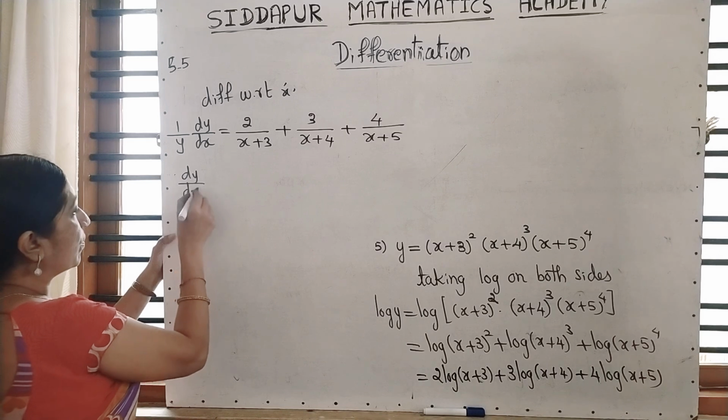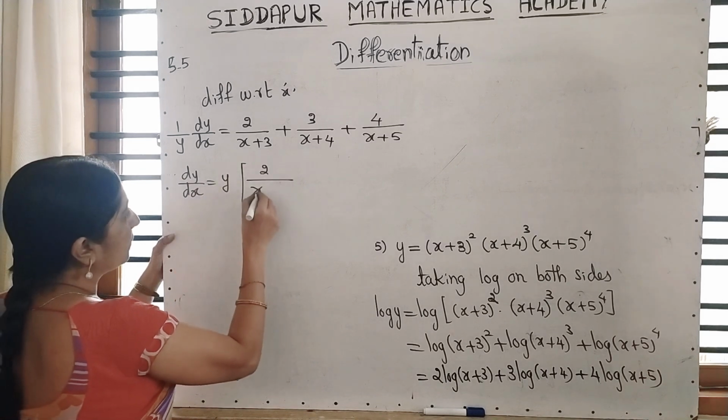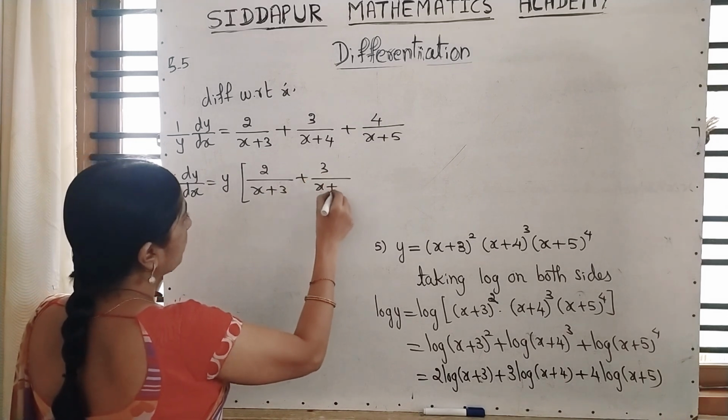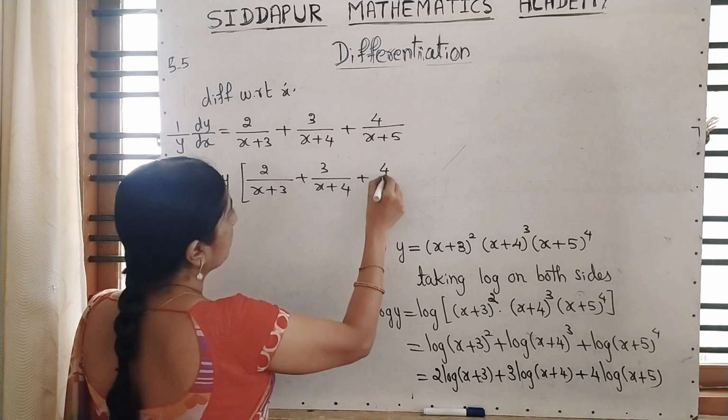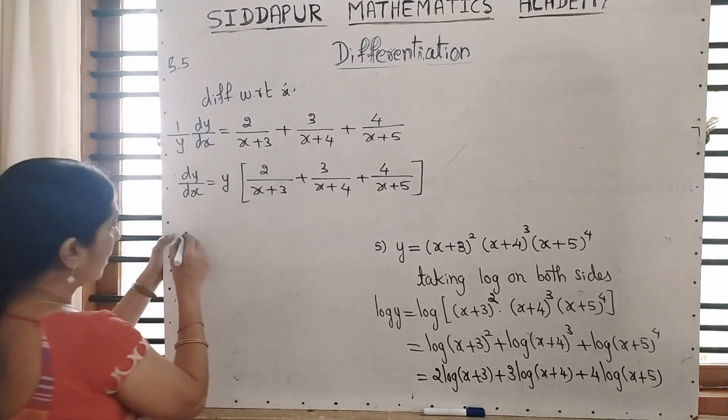dy upon dx is equal to y in the bracket. Write down the terms as it is. Yes. Now write down that y value.